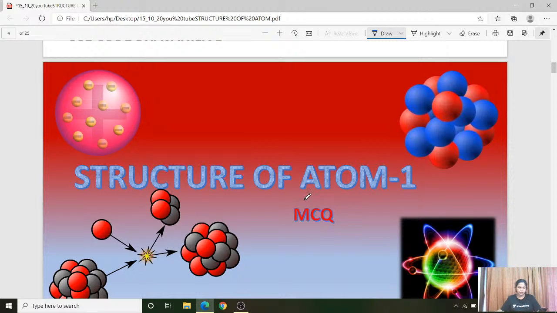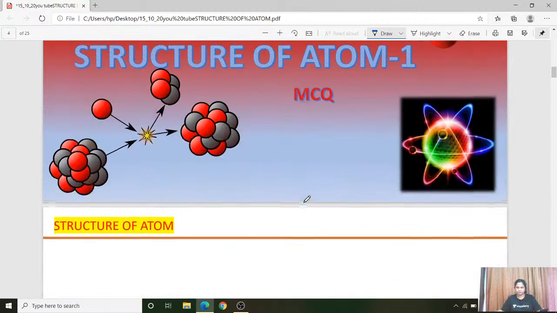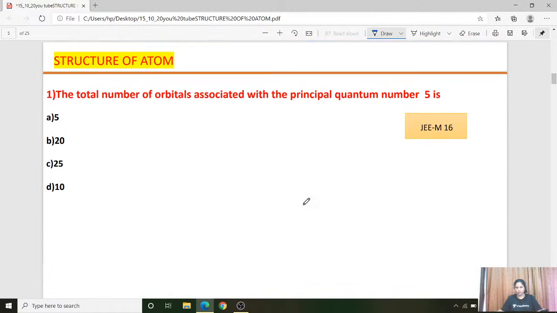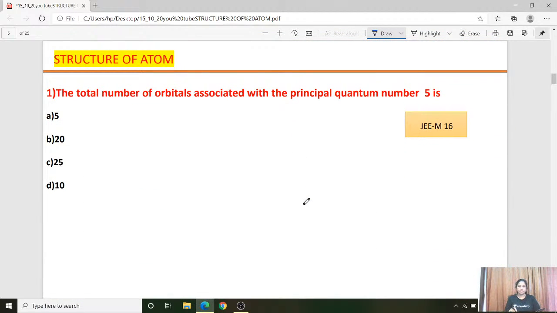So we will start with question number 1. You can see structure of atom, students, is one such chapter which you can attempt easily. You will not face that difficult a question here.